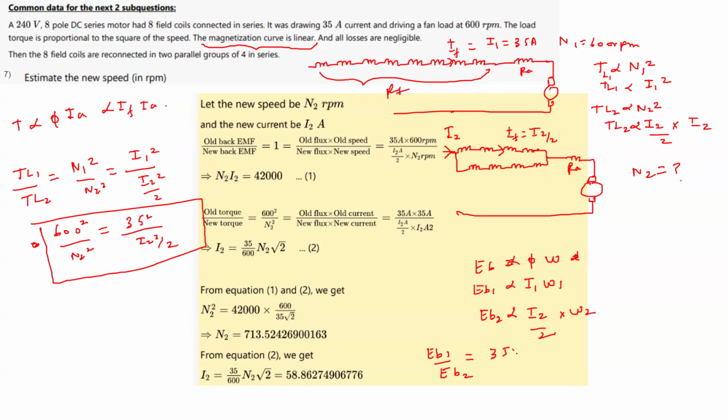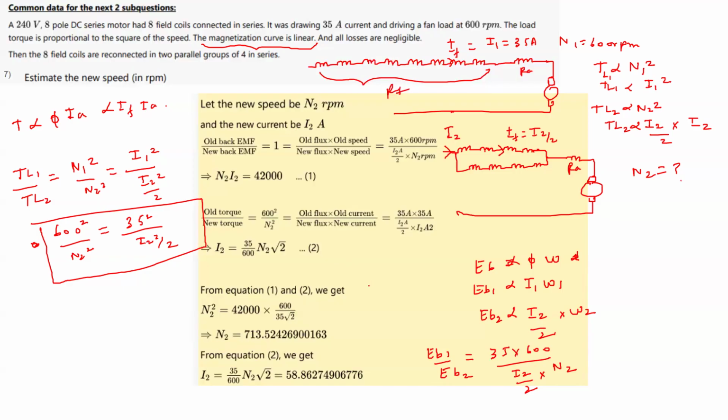So I1 into 600 by I2 by 2 into omega 2, which we have to find out. Let us say N2. Okay, so this is the case. Now you see here, the load torque is like this.